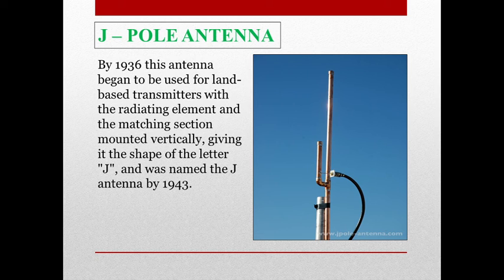By 1936, this antenna began to be used for land-based transmitters with the radiating element and the matching section mounted vertically, giving it the shape of a letter J, and was named the J antenna by 1943. As you can see, the name is self-explanatory because the antenna itself looks like the letter J, so it is named the J-pole antenna.